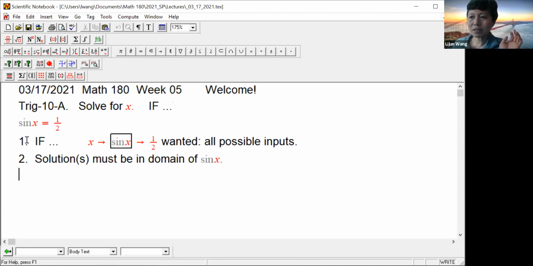So whenever sine is mentioned without any adjective, without any attachments or specifics, it always means the sine we know, with domain all real numbers and range between -1 and 1. Do you guys follow me? And all of these questions that we have here on Trig 10a don't need to be specifically explained.